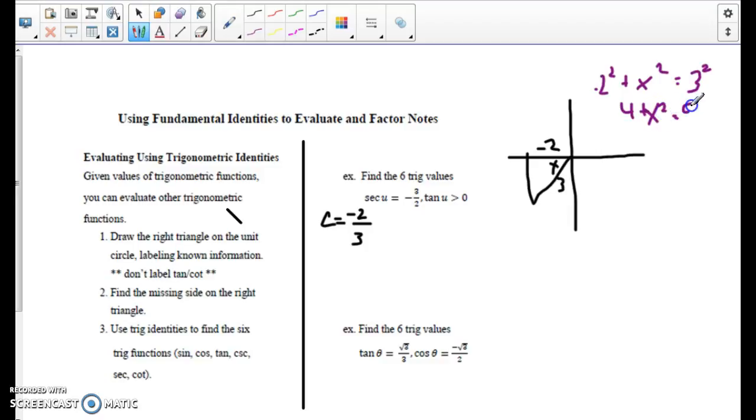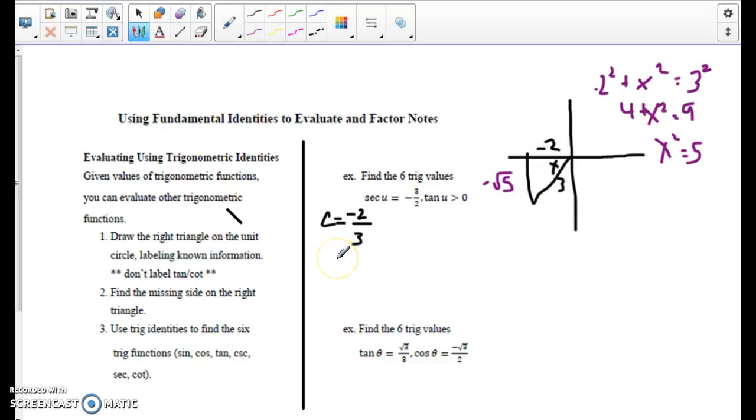Gives you plenty of time to write. You're going to be way neater than me though. So if x squared equals 5, then this is the square root of 5. Now remember, it needs to be negative given the quadrant location. This is in the negative y values.